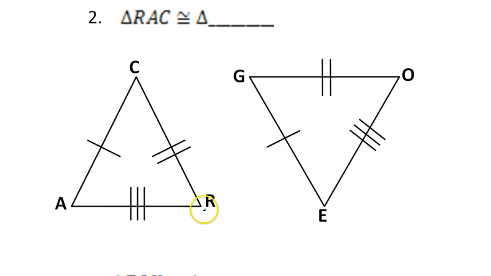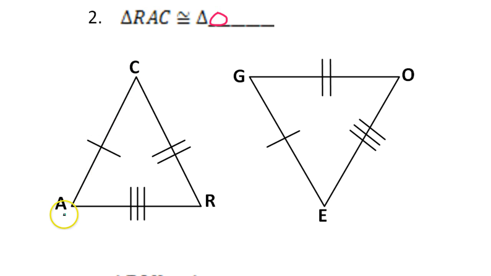So that's number one. Alright, for number two, we have to be a tiny bit more careful. The angles themselves are not marked congruent, so we have to use the sides. So let's see. First we have angle R. Now, angle R is formed by the triple and the double marked side. So we look at this triangle, and let's look for the triple and the double. The triple and the double form angle O, so that's going to be first.